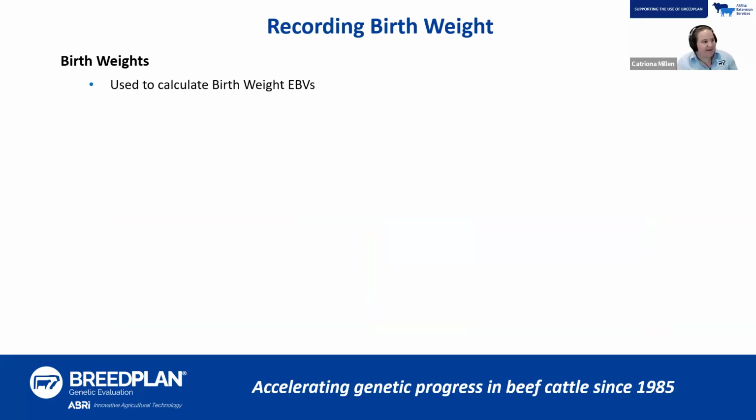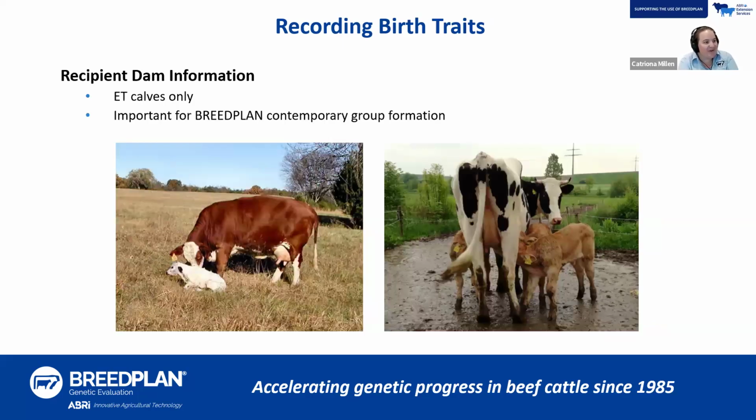It's also when we can record our recip dam information. So that's obviously important for our ET calves only. But once again, that's really important for BREEDPLAN contemporary group formation, because if we think about recip cows, we know that the maternal contribution that a beef breed makes to her calf's growth, for example, is quite different to the contributions that a dairy cow would make to her calf's growth.